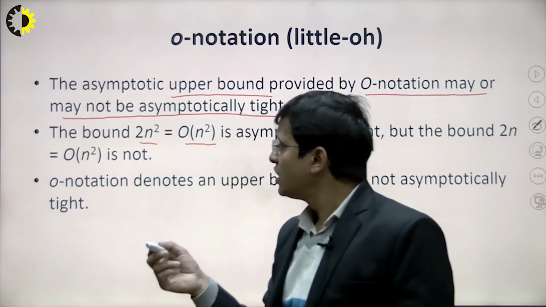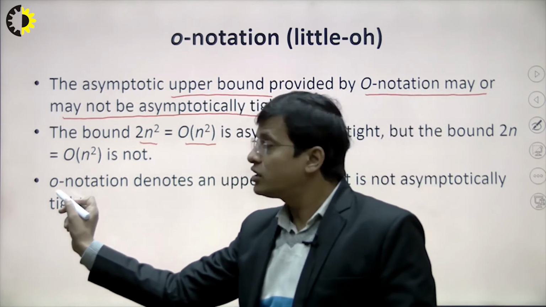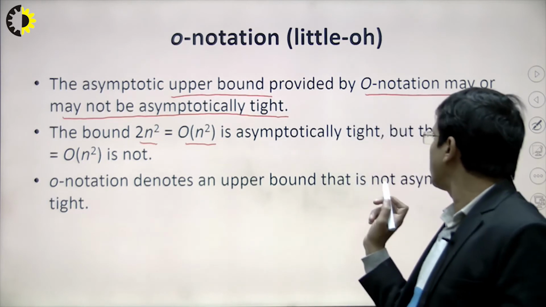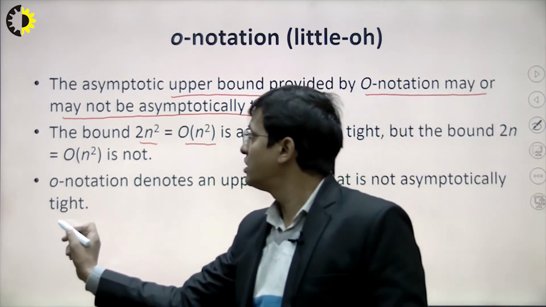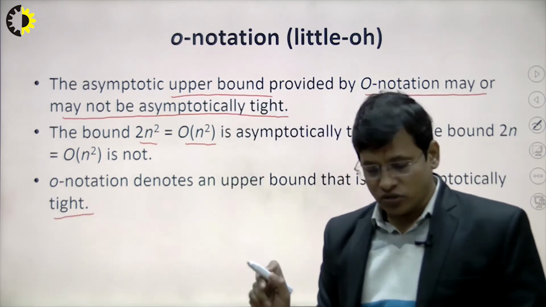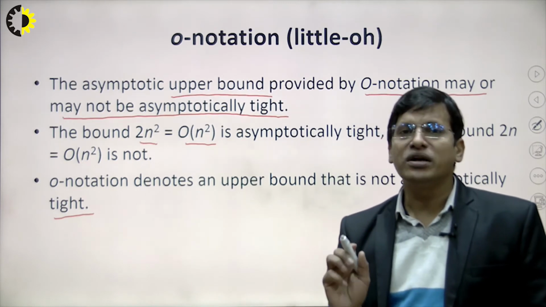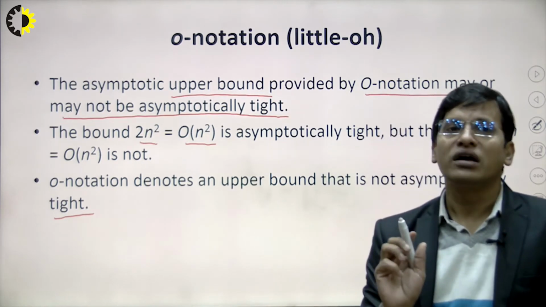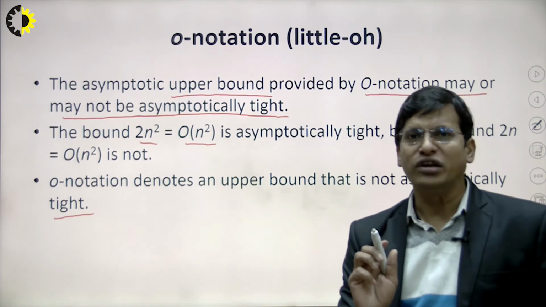So the little o notation denotes an upper bound that is not asymptotically tight. This is similar to the big O notation, but with the condition that it is not asymptotically tight.